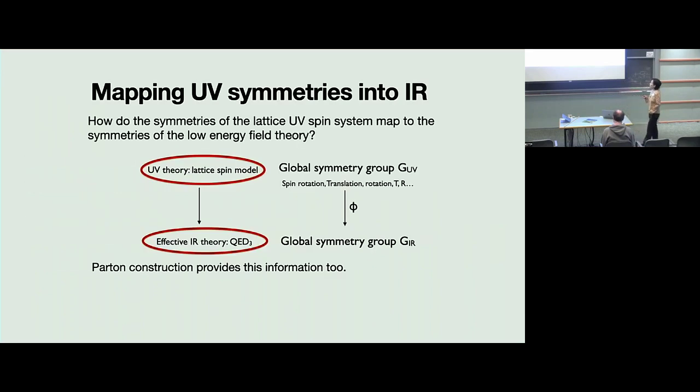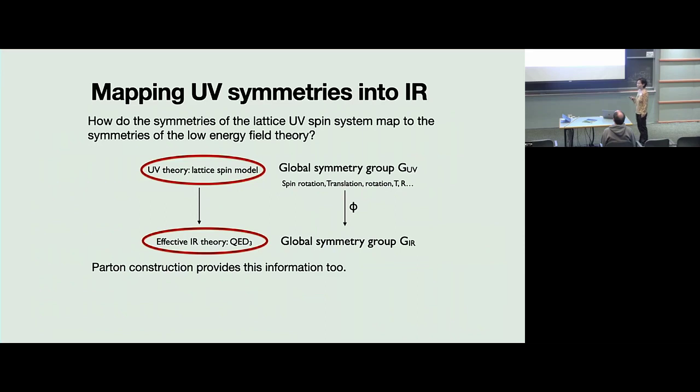Going from the UV to the IR, the symmetries in the lattice system are embedded into the emergent larger symmetry G_IR through a group homomorphism. And this is in general a non-trivial task.